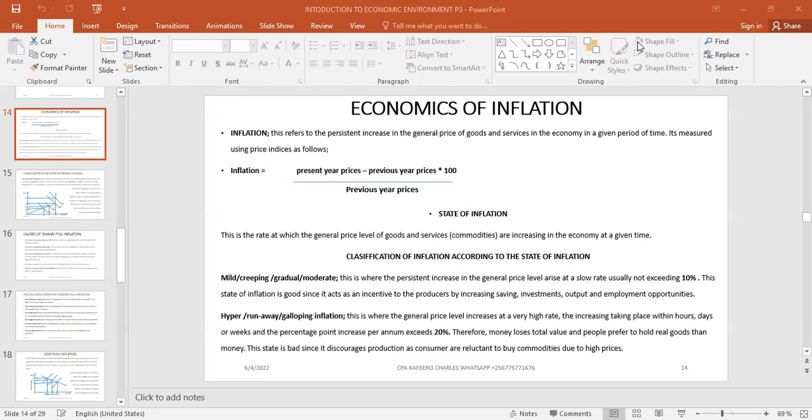We are talking about the classification of inflation according to the state or the rate at which the inflation is increasing in an economy. We have a mild rate, you can call it creeping or gradual. Gradual means it is something that is following a certain step.